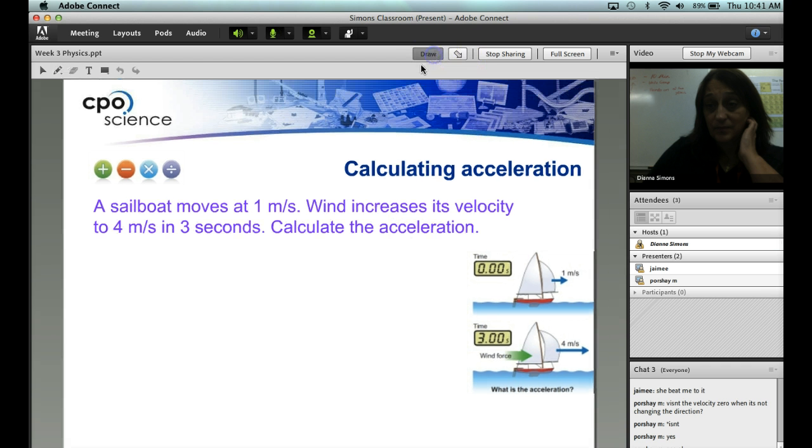All right, so velocity final is going to be 4 meters per second. All right, velocity initial is 1 meter per second. And our time is 3 seconds.